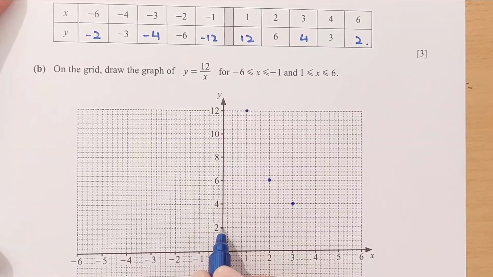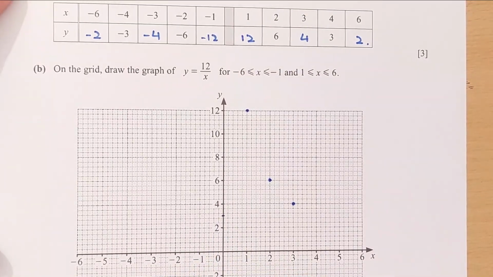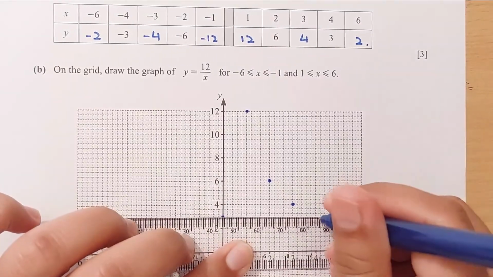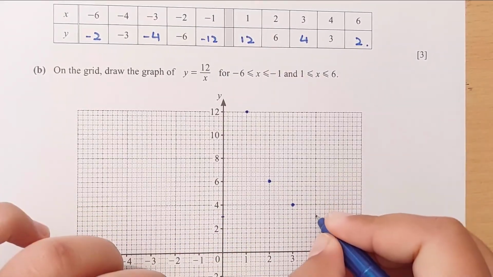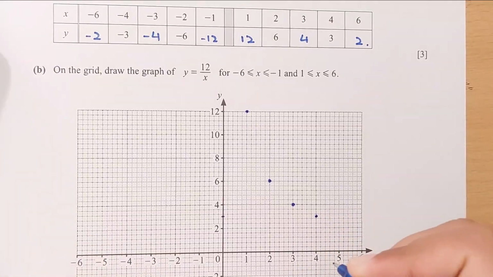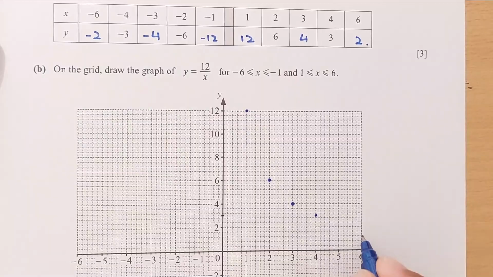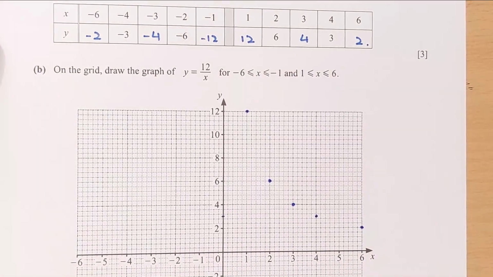Same, we have 4 units. So this is 2, this is 2.4, this is 2.8, and in the middle we have 3, right? For 4, this is 0.4 in the middle. Okay, the next point is 6, 2. At 6, we have 2, right? Let me join all the points to get the curve.